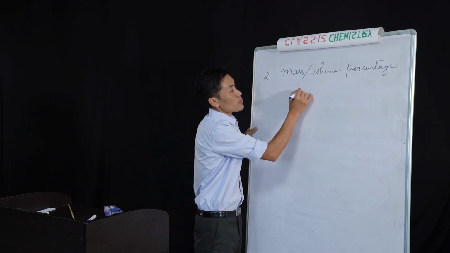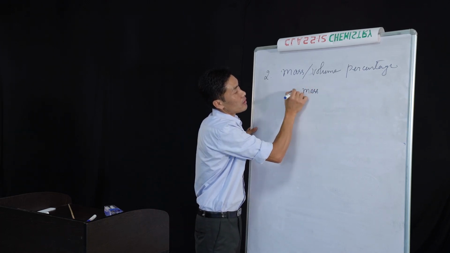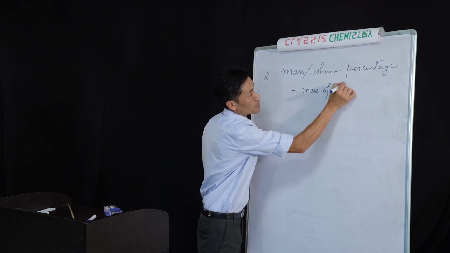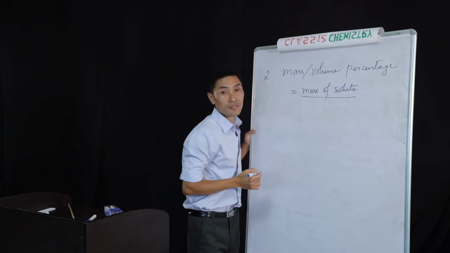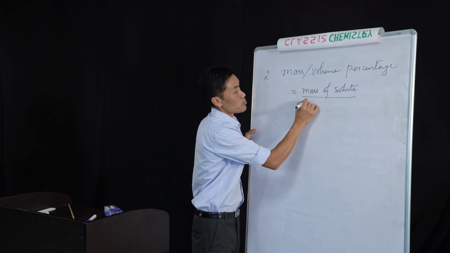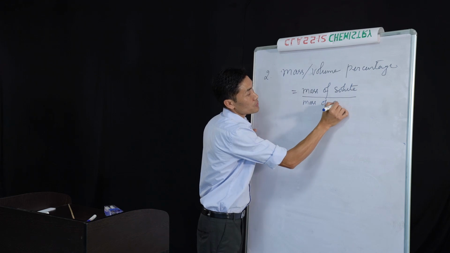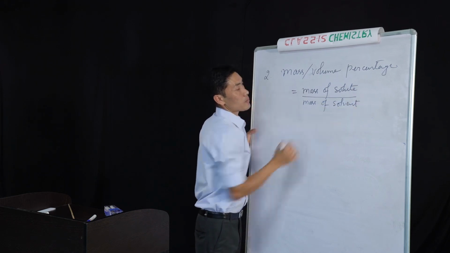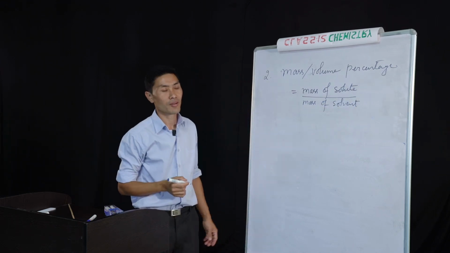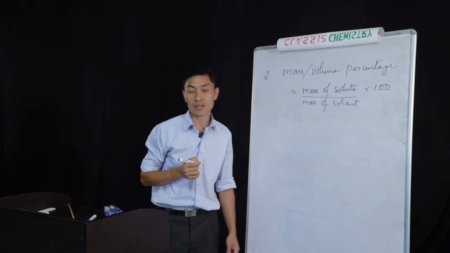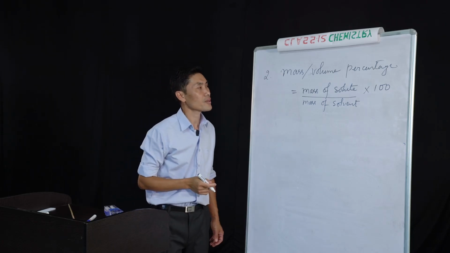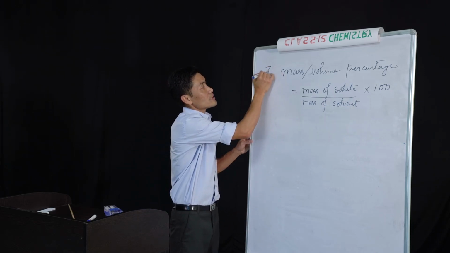So here we use mass of solute per 100 ml of the solvent, and this is multiplied by 100 to get the percentage. This is the third method.